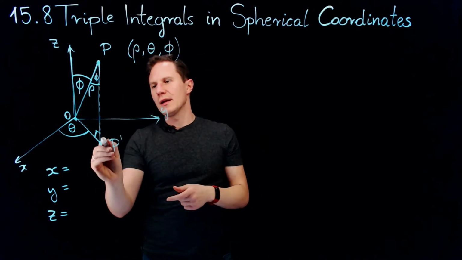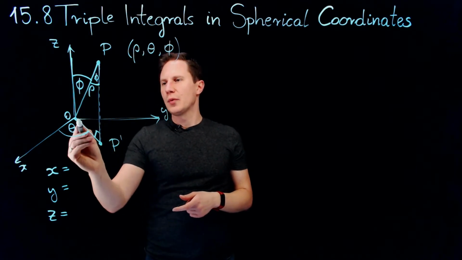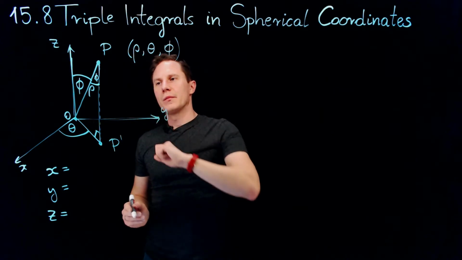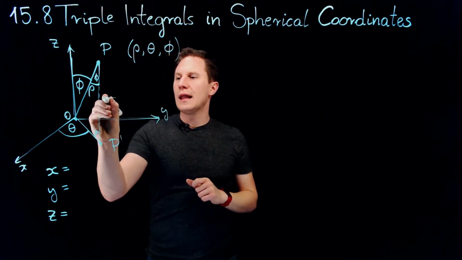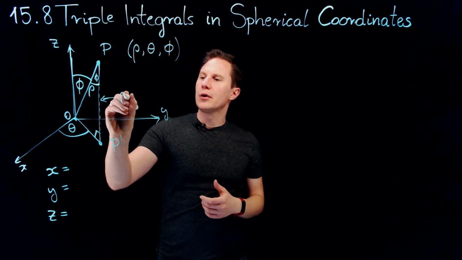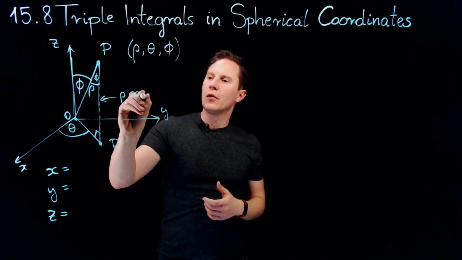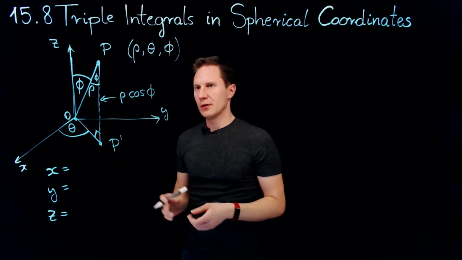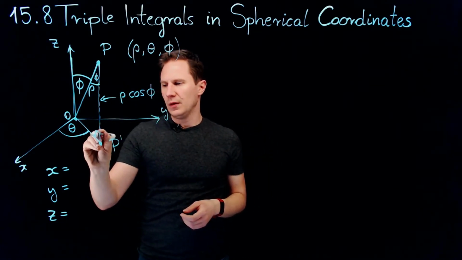So here I have a right triangle with hypotenuse rho and an angle phi. So this leg of the right triangle is going to be rho times the cosine of phi. By trigonometry, basically the cosine function is being used.